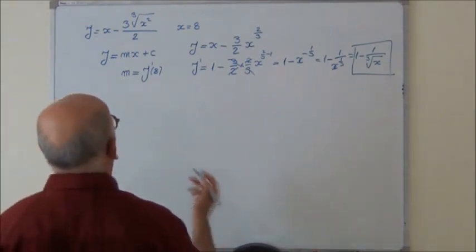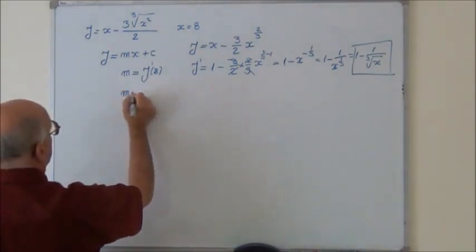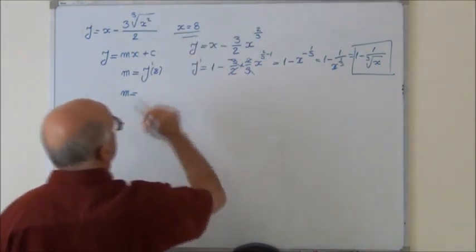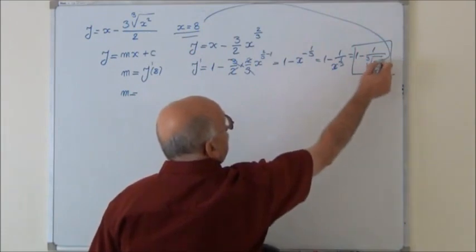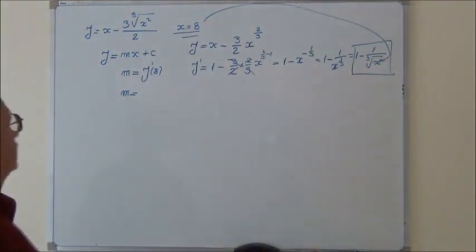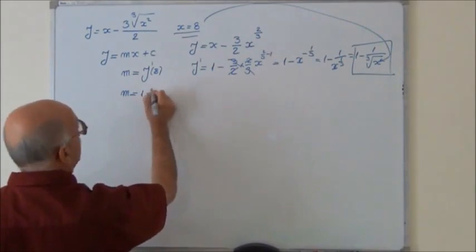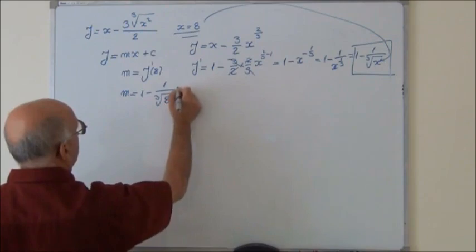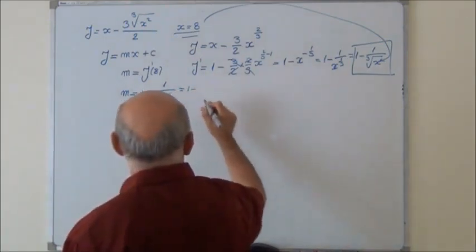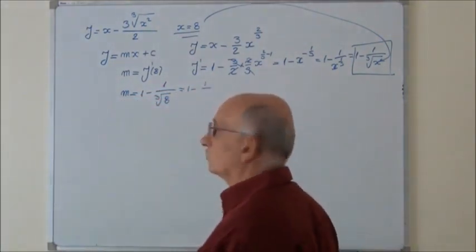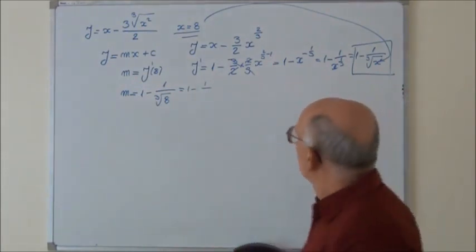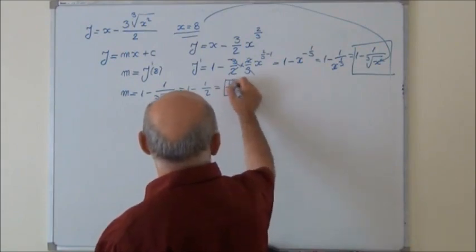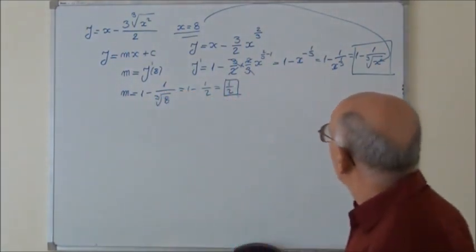Okay, now our gradient, when we substitute x equal 8 in here, is 1 minus 1 on the cube root of 8, and the cube root of 8 is 2, and this is half. So our gradient is 1 on 2.